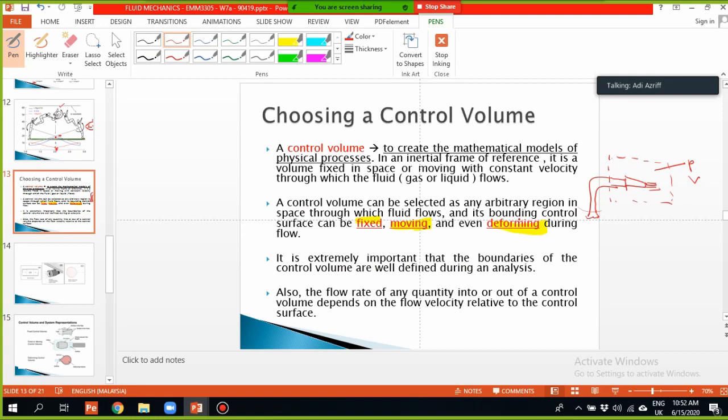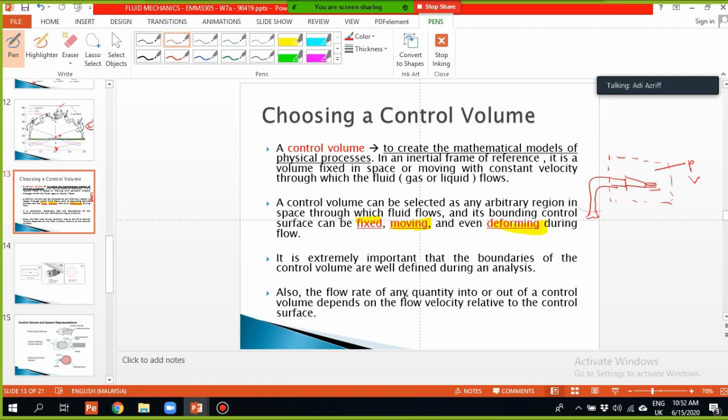For example, if you have a moving control volume and you assume it to be a fixed control volume, the calculation will be wrong. So first of all, you need to understand how to decide which type of control volume it is.